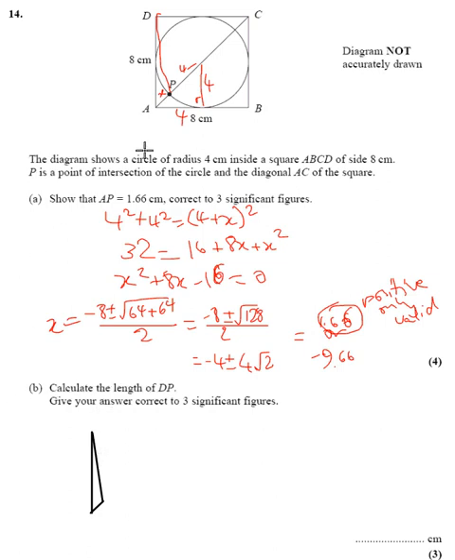Where's my line? Well, to work out the length DP, we're obviously going to have to involve some kind of trigonometry plan here.